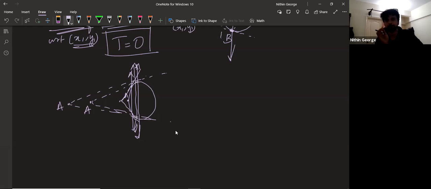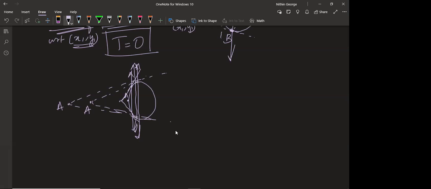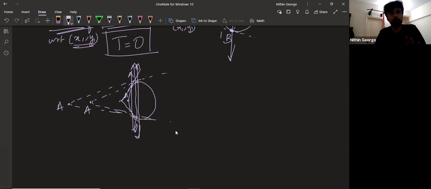Did you get this, guys? The visual here? Please don't forget what chord of contact is from now on. Now, for all three, parabola, ellipse, and hyperbola, T equal to 0 will be tangent when x1, comma y1 lies on the curve, and T equal to 0 will be chord of contact when x1, comma y1 lies outside the curve.